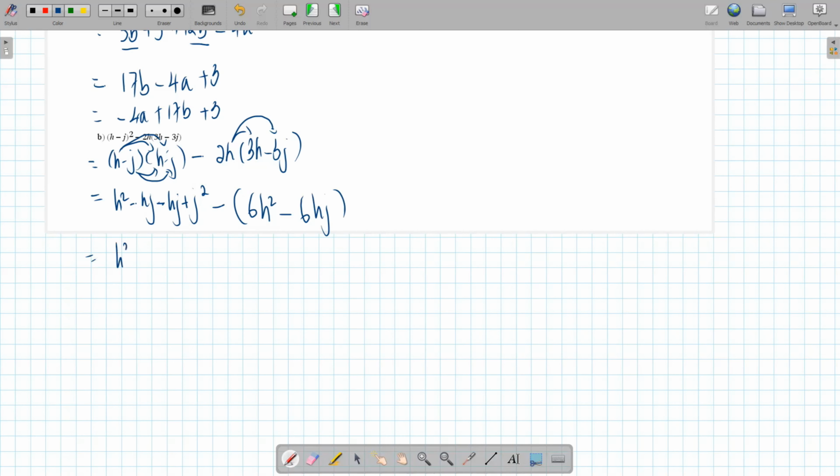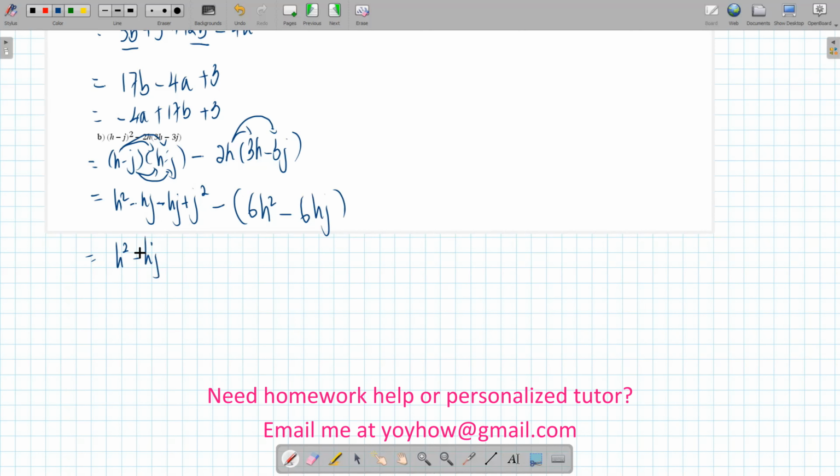Now let us open out the bracket. So for the first part, h squared minus 2hj plus j squared. Here positive, negative, positive. We get negative 6h squared, negative, negative, positive 6hj.